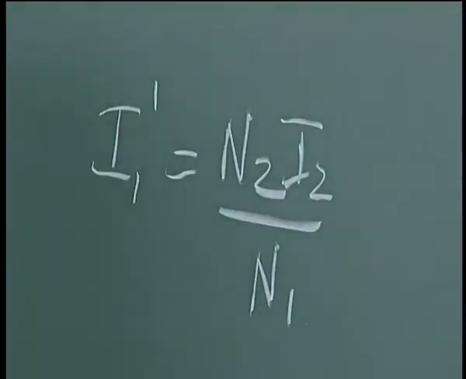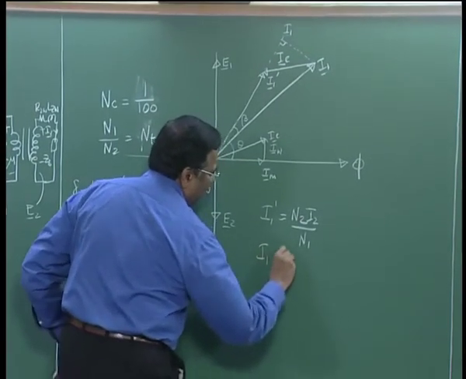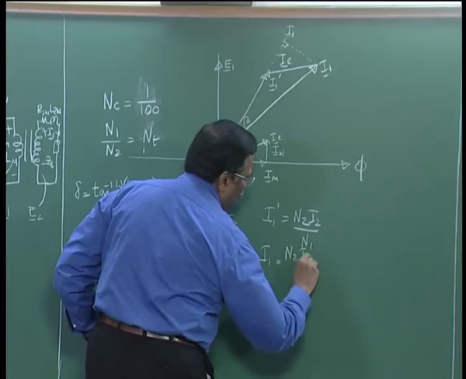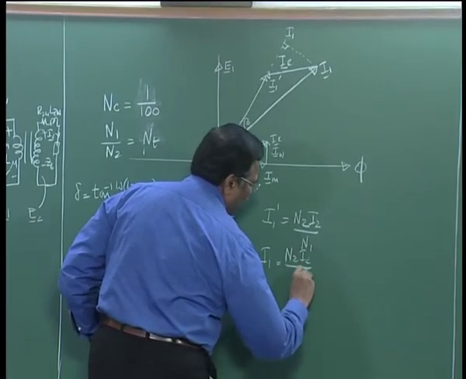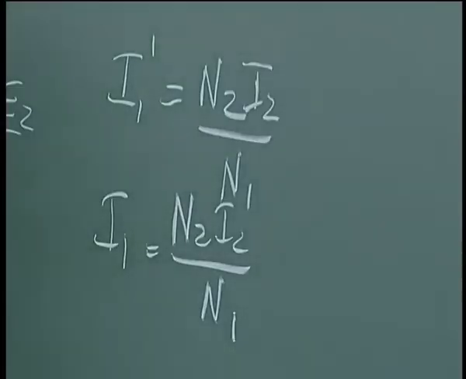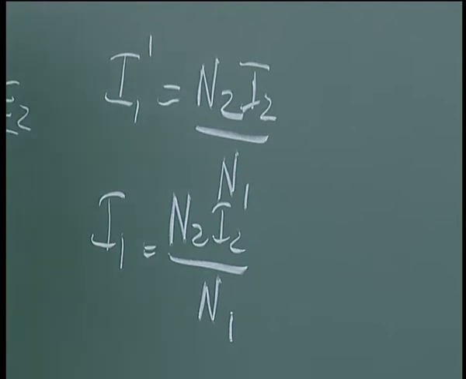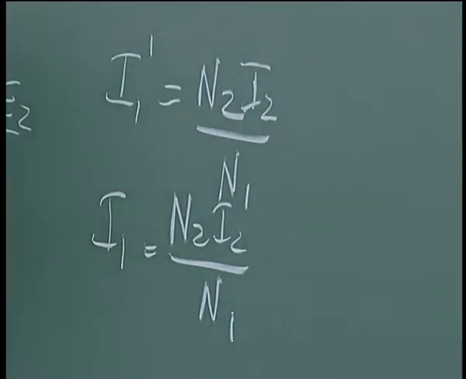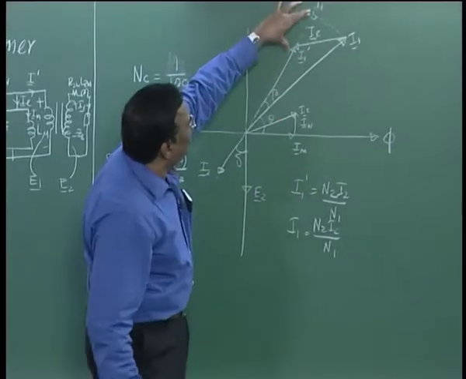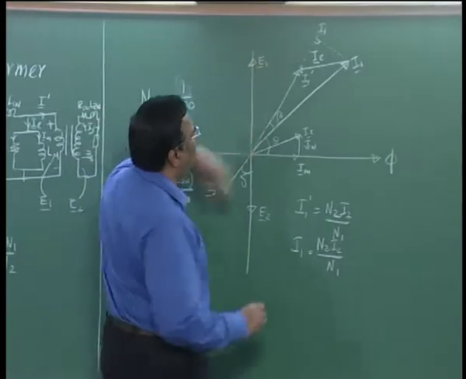Now, I1 is equal to I1 prime, which is N2 I2 by N1, plus whatever is this quantity, so this quantity I want to find out.